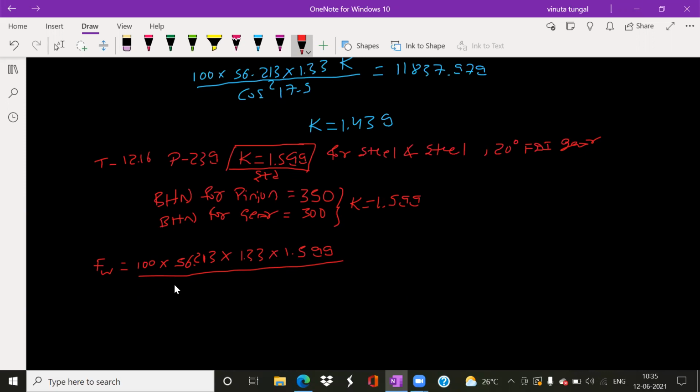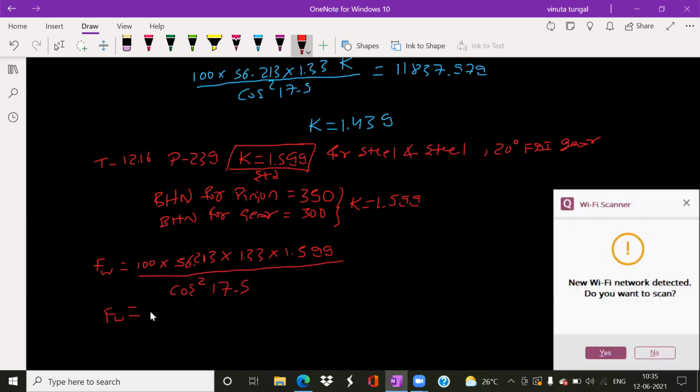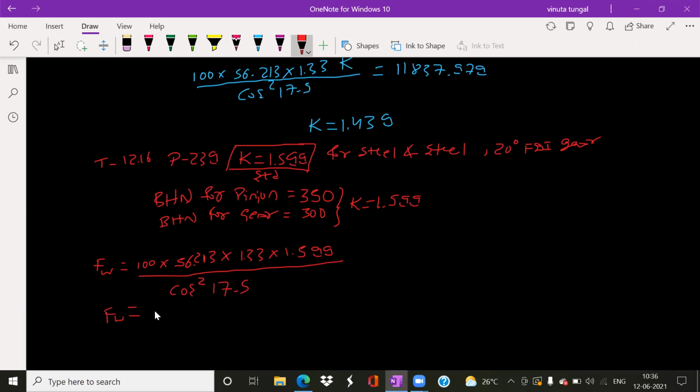Cos square beta. Cos square beta is 17.5. From this, tell me the wear load, how much you are going to obtain. It is 13,143.10. Yes, good.